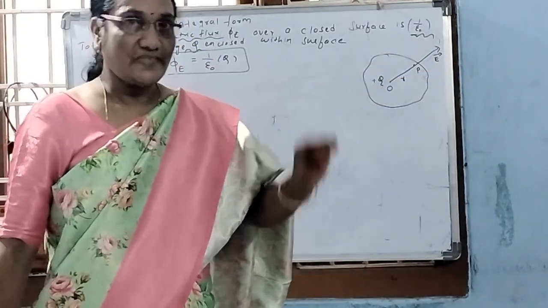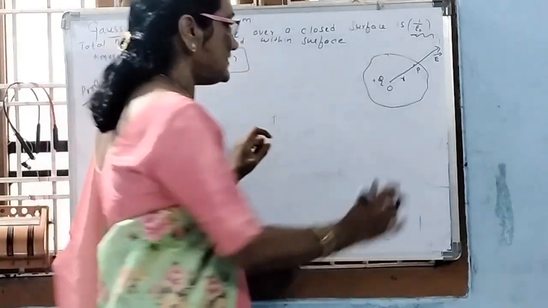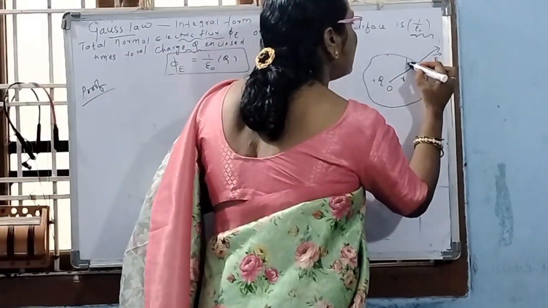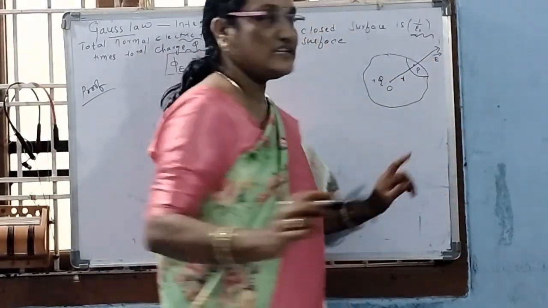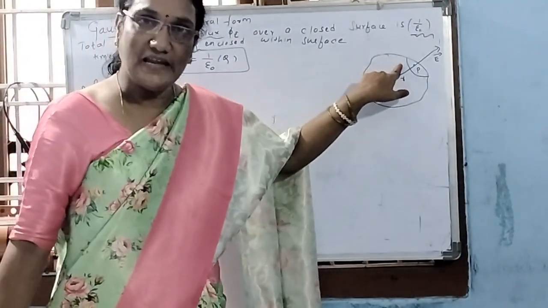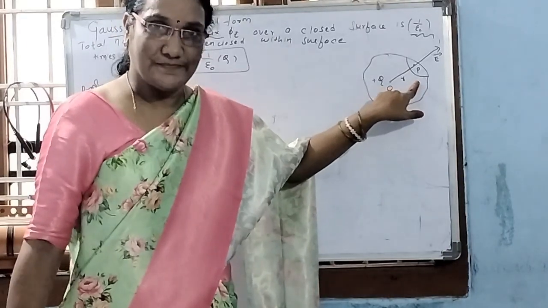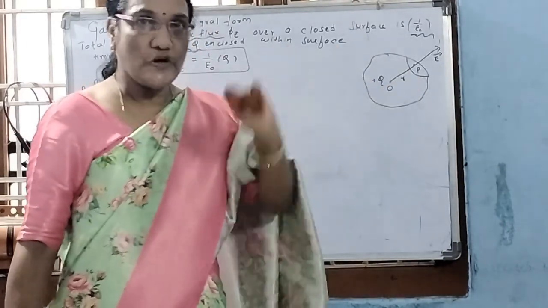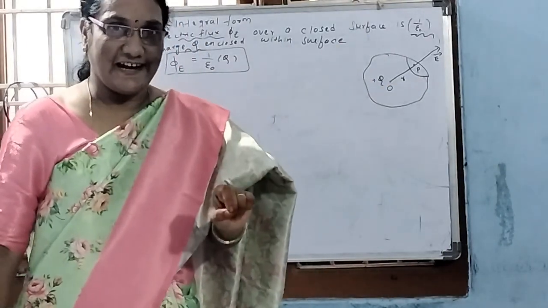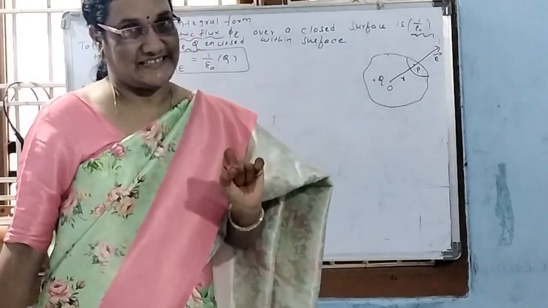Now, let us consider a small elemental area around this point P. This area is denoted by vector ds.